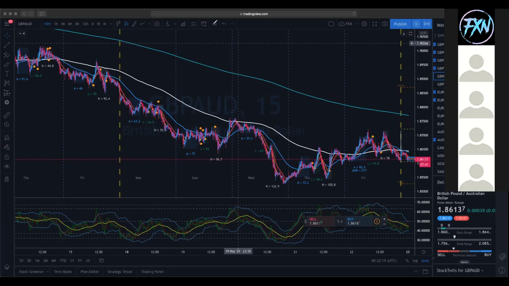If you do the math on the standard lot, let's say on a 30 pip trade, that's 300 per trade, which comes to about 4,800 or so a month.